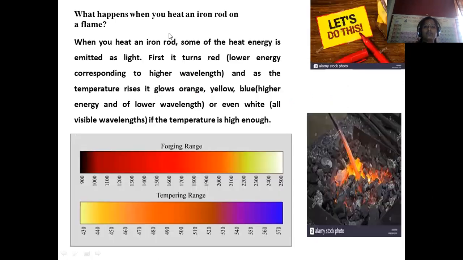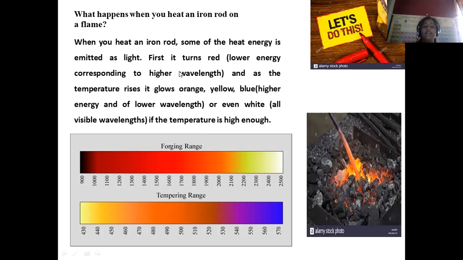Another thing we are going to observe is what happens when you heat an iron rod on a flame. When the iron rod is subjected to heating, heat is transported through the metal rod, because all metals are good conductors of heat as well as electricity. That's the reason it is able to pass the heat.